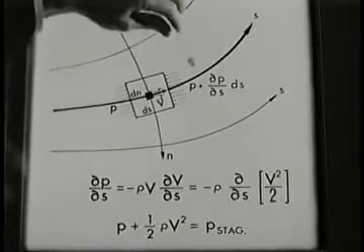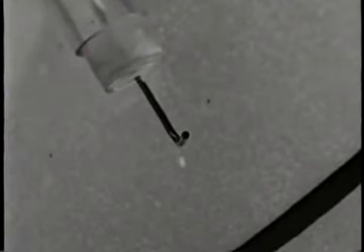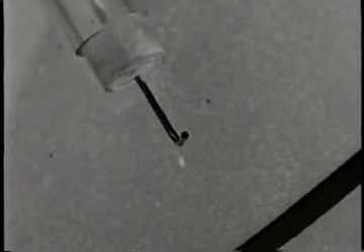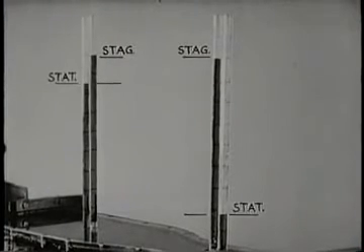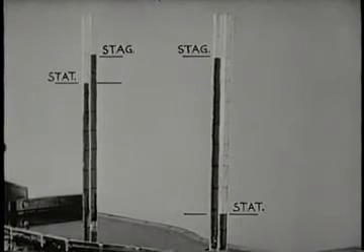The stagnation point is put to practical use in a pitot tube. The hole at the nose measures the stagnation pressure of the particular streamline reaching the hole. We've placed pitot tubes at the upstream and downstream cross sections of the contraction, and these are the static pressure manometers we had before.